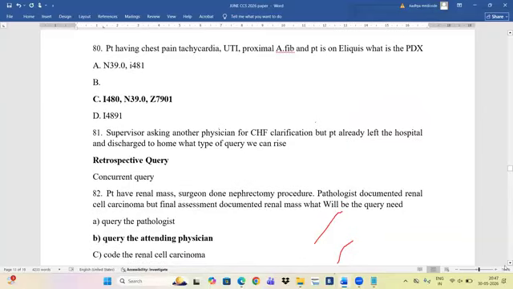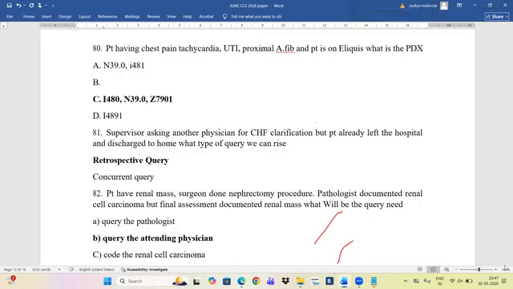Next is also sequencing related. Here the patient is coming with chest pain and tachycardia, urinary tract infection, and paroxysmal atrial fibrillation. The patient is on Eliquis. What is the PDX? Paroxysmal atrial fibrillation should be the PDX because chest pain and tachycardia are symptoms of paroxysmal atrial fibrillation.